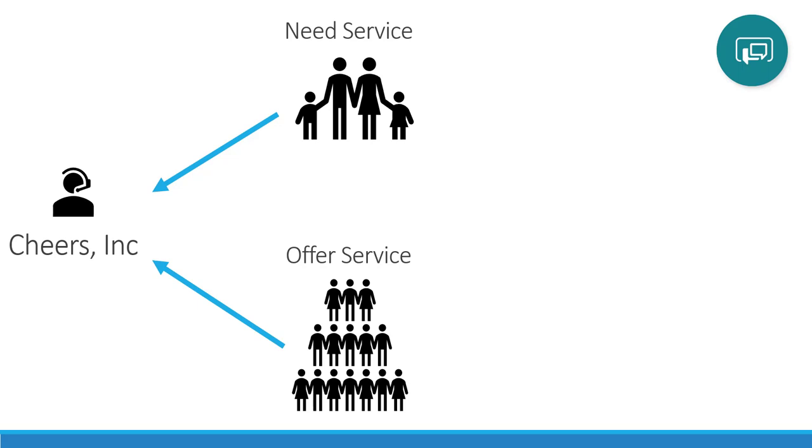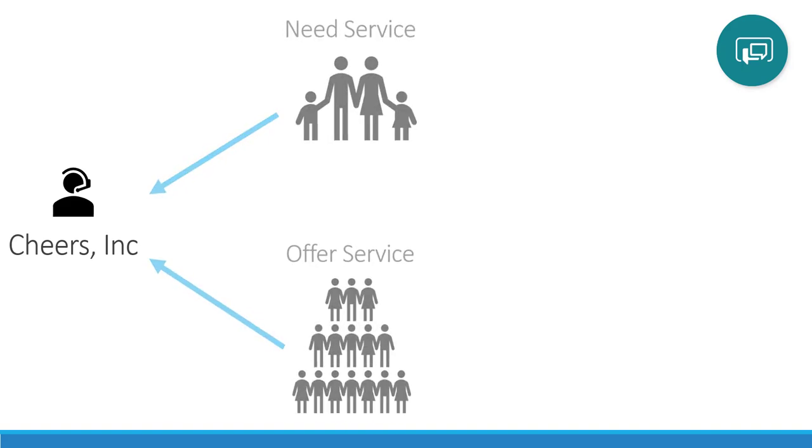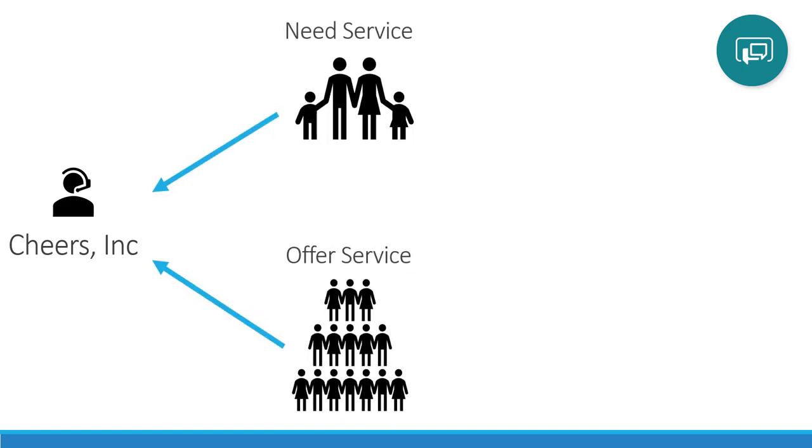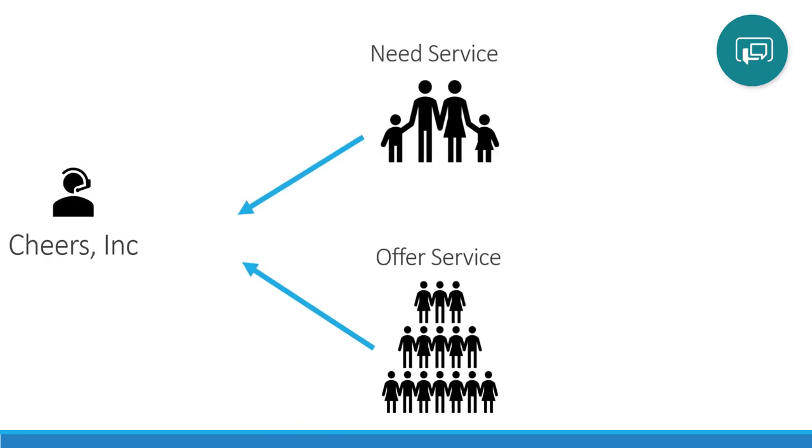So there's the admin person who's part of the phone system and is constantly getting hammered by both kinds of people. The people who need service are calling the phone support. The people who offer service also call the phone support. So the admin is really getting hammered. How can this chatbot system help? Well, here's an example.